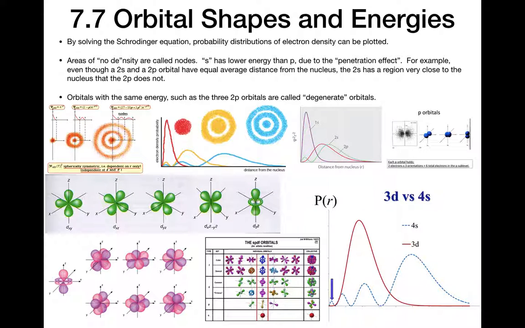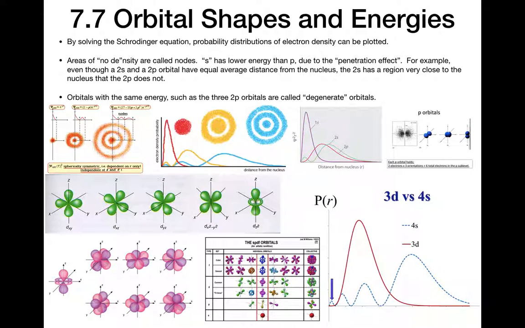So the idea of the shells is actually a little misleading, because you do have these areas of density that are inside or close to the nucleus in comparison to the other energy levels. But the bulk of the density for the 1s lies inside the 2s, which lies inside the 3s. But you definitely see that they overlap a little bit.